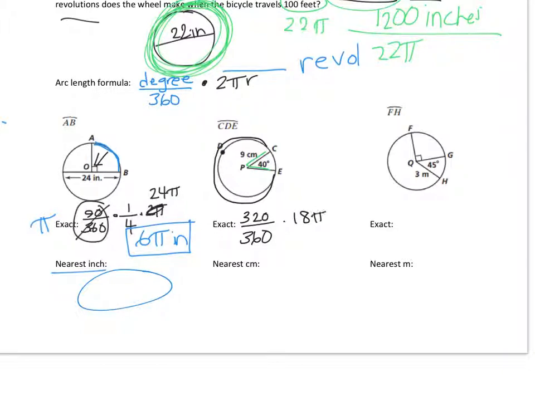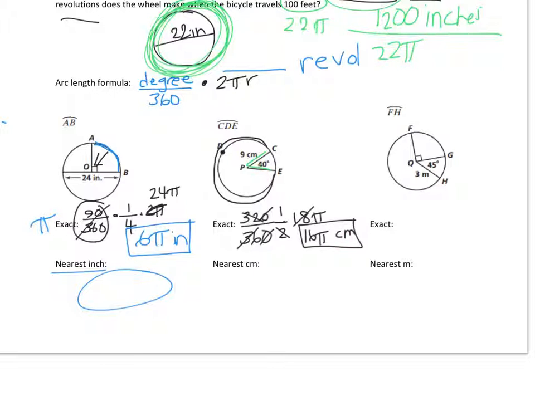Now we need to reduce and simplify. So 18 over 36 simplifies to 1/2. 32 divided by 2 is 16. So it's 16 pi centimeters. Now nearest centimeter is, put this in your calculator and round it so it doesn't have a decimal. This is exact, it has pi.